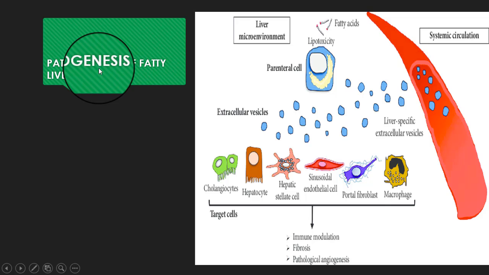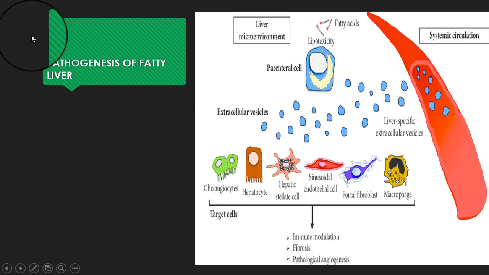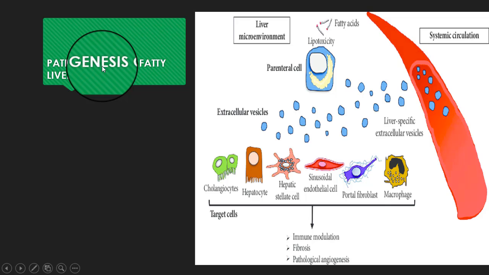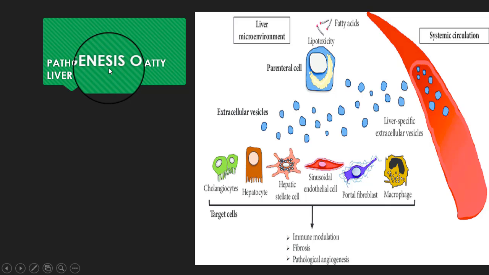And after that, with the help of alpha glycerophosphate, these fatty acids get converted into triglycerides. When they become triglycerides, the lipids accept the proteins, and the triglycerides get converted into lipoprotein. And when the lipoproteins are released into plasma, they become plasma lipoprotein.